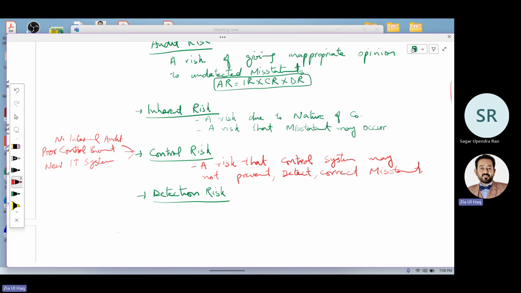Our employees are not properly trained about the system, how to run this system. There could be chances of errors. So if company has introduced a new IT system during the year, due to early stage control weaknesses, misstatements may not be prevented, detected, corrected by the system. We will write under control risk. Or we can also write if accountant is unqualified.